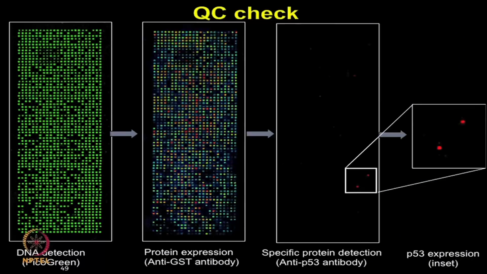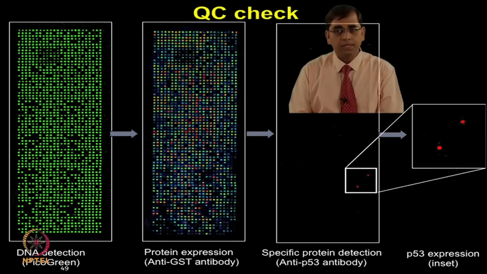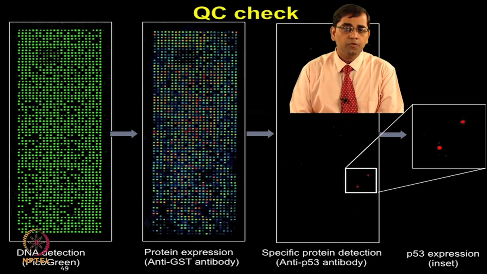This is an overview of the quality control checks that one has to perform during the whole NAPPA procedure. Before you use these printed arrays for testing any biological questions, you need to ensure that DNA is properly printed, which is shown on the left side with pico-green stain.